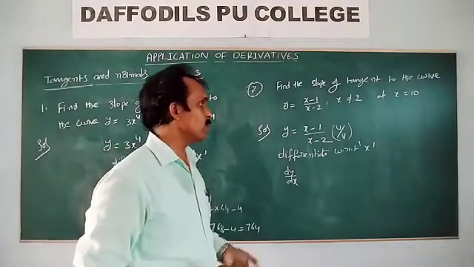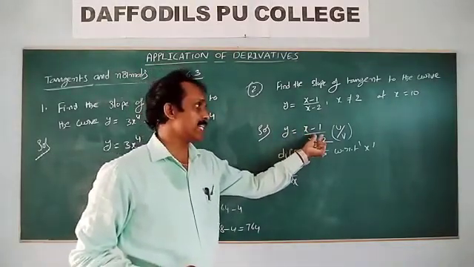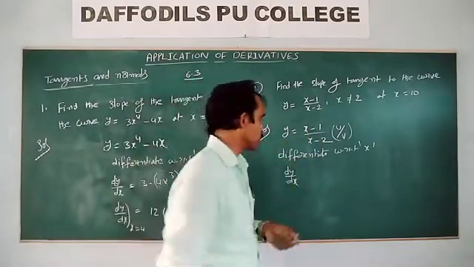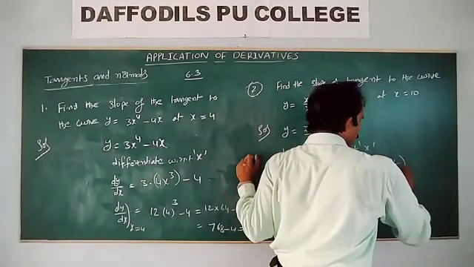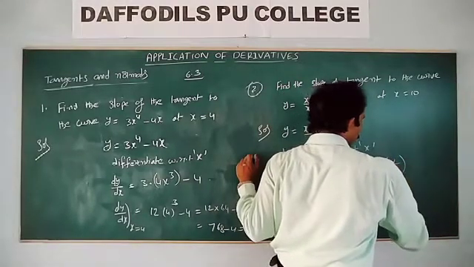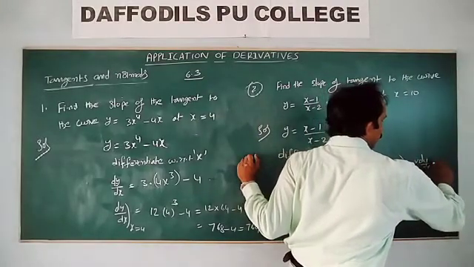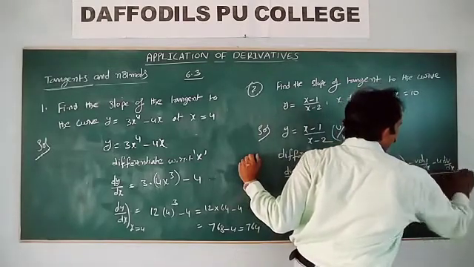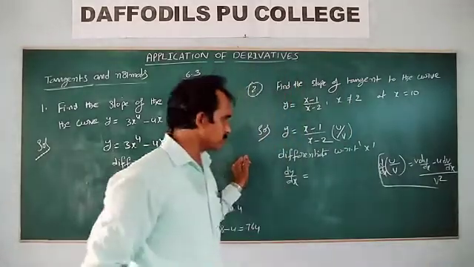What is the u by v rule? d by dx of u by v is equal to v into du by dx minus u into dv by dx, divided by v square. This is the formula. Okay.